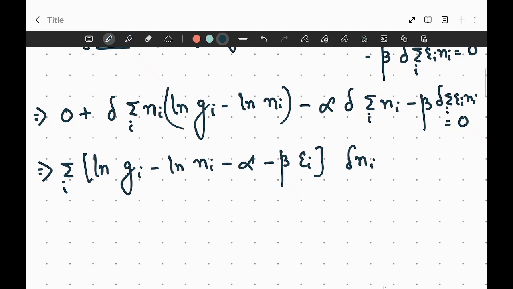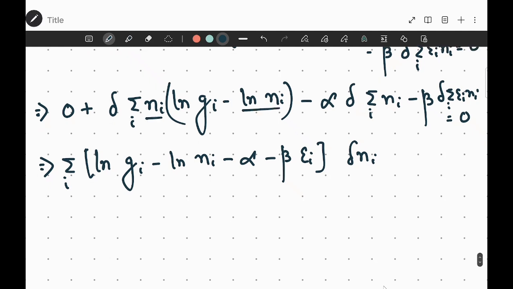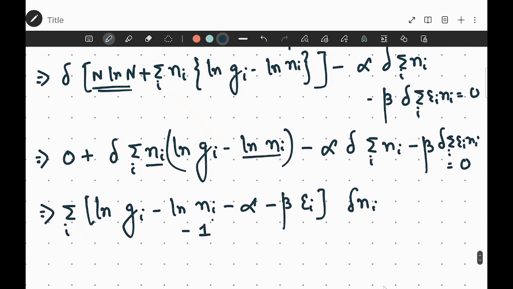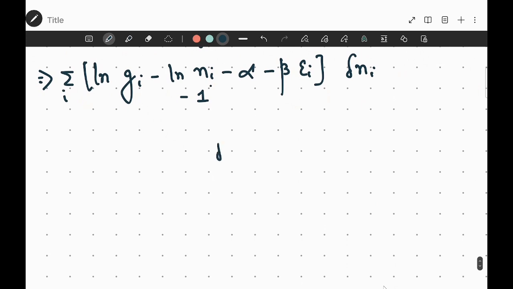But here you see ni ln ni. Here two ni are there. So when dni is there, ln ni is there, but one more term will be there: d of ln ni, that will be 1 by ni. So ni into 1 by ni, and that is minus 1. Is it understandable or should I write it? Just see delta ni ln ni.